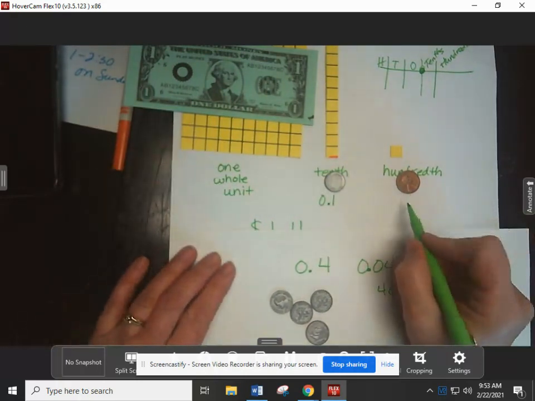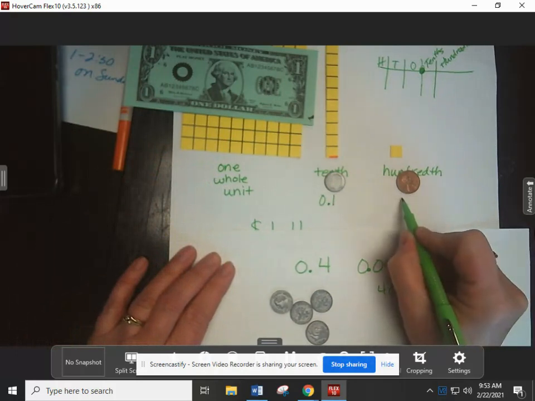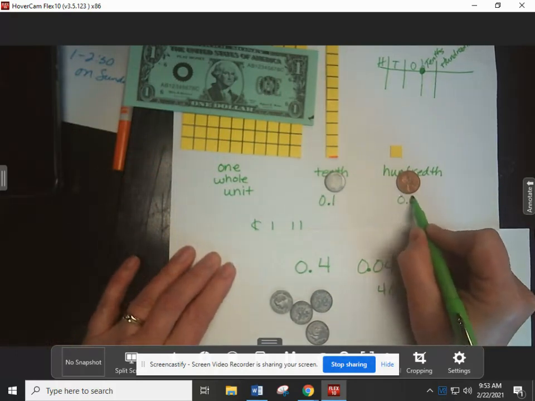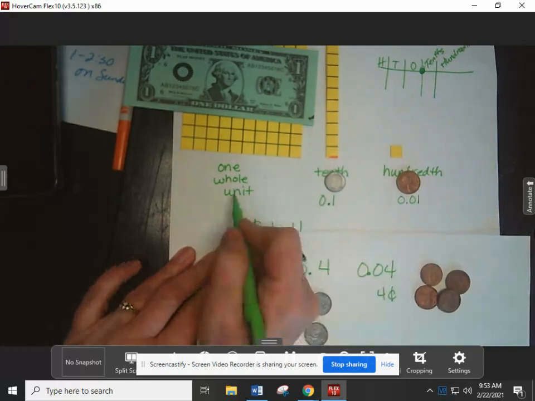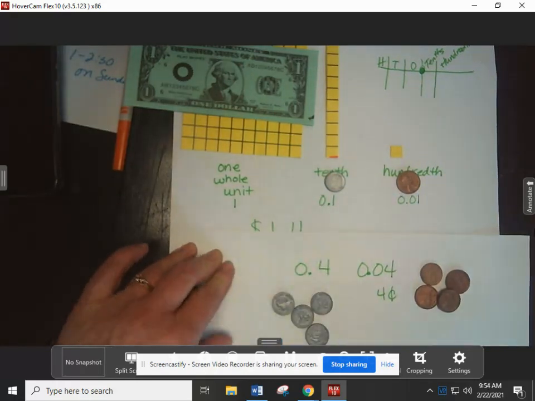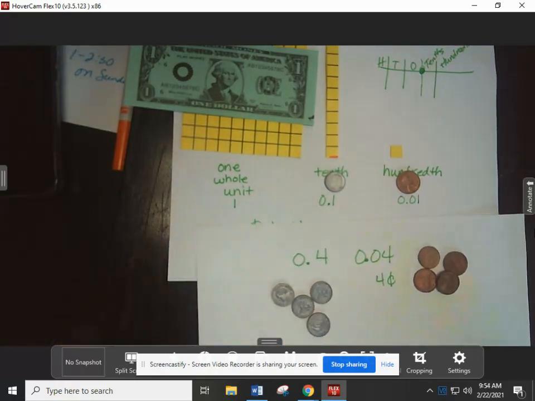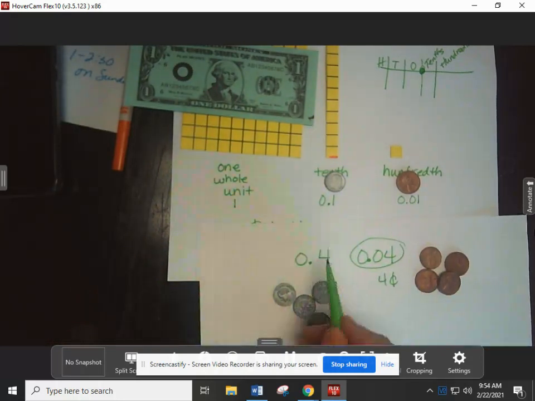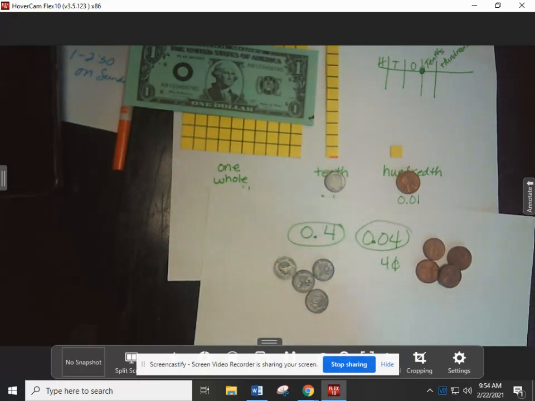It's showing us that a hundredth is written like this. And then we know our whole unit is written as a 1. So when we're looking at this one, it's telling us how many pennies we have. When we look at this one, it's telling us how many dimes we have.